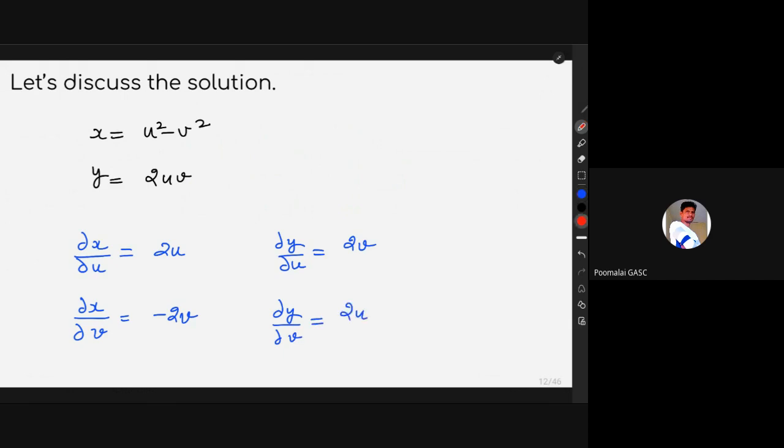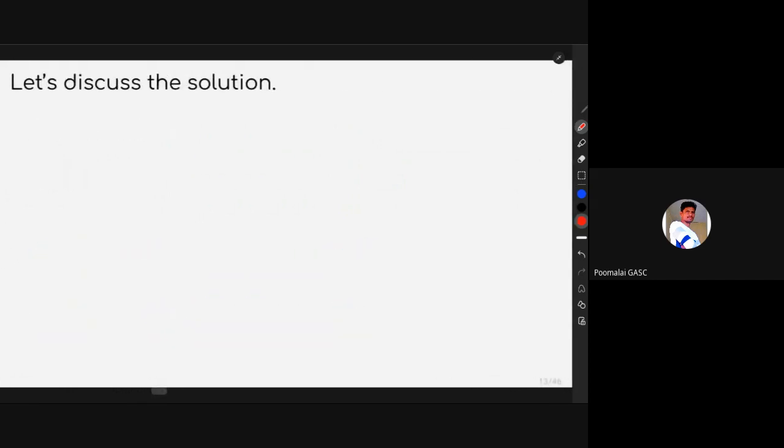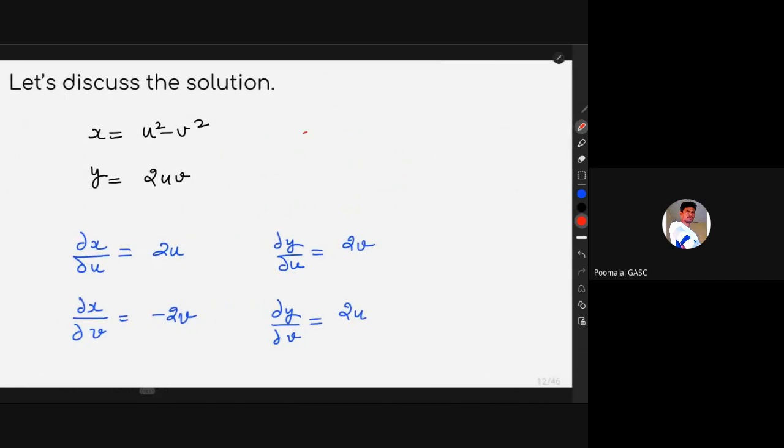Now if I plug these values into the determinant formula, the determinant of 2u, minus 2v, 2v, 2u.